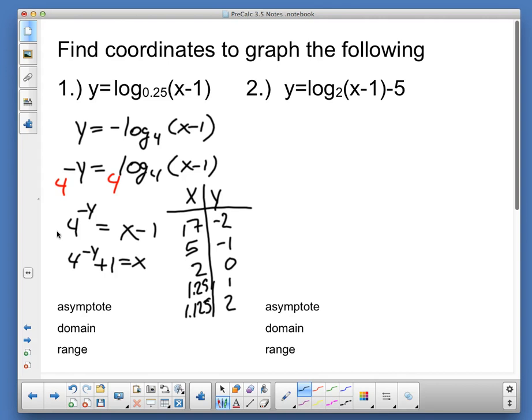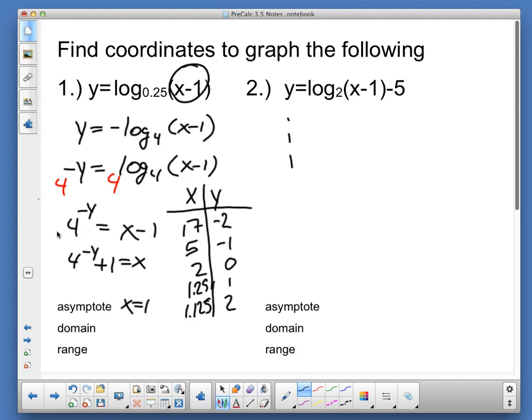Now, a couple side notes on this problem. I'm not putting it on a graph, so you may or may not recognize some things, but this is going to tell me what my asymptote is. What's my asymptote? My vertical one. X equals 1, right? So my vertical asymptote is x equals 1.